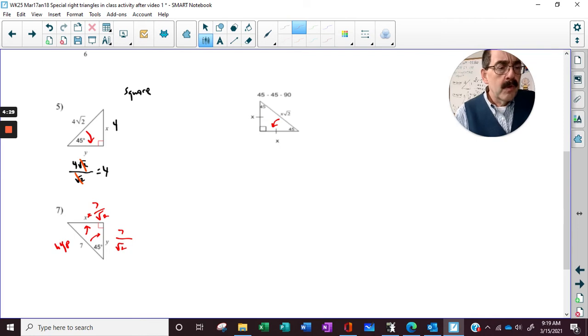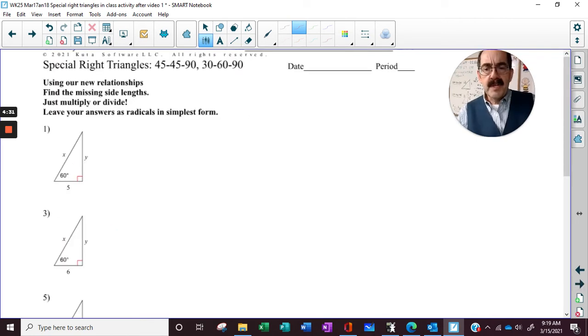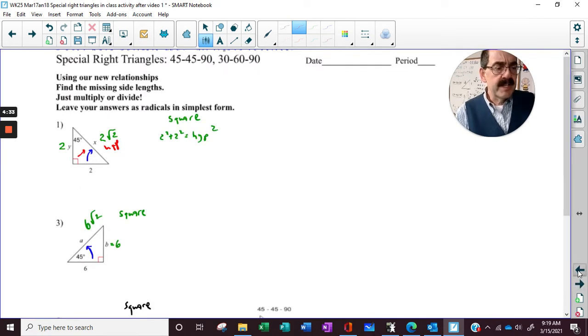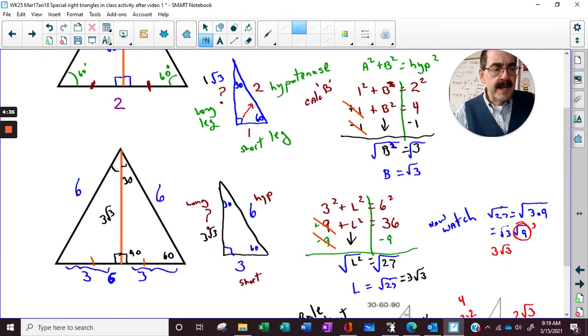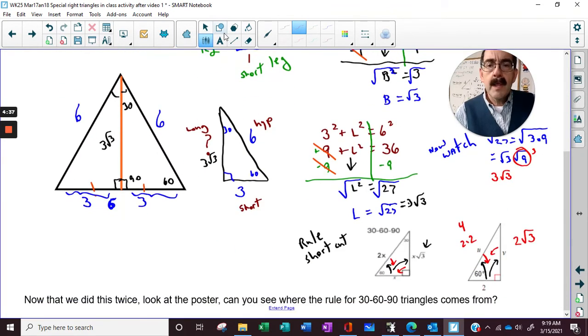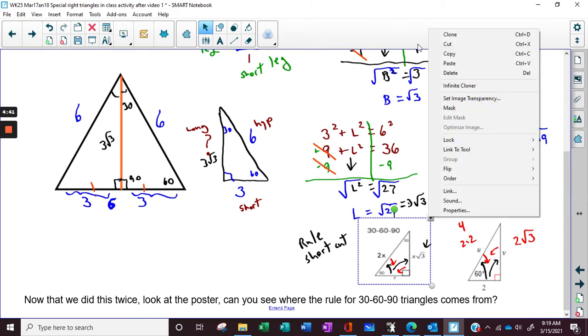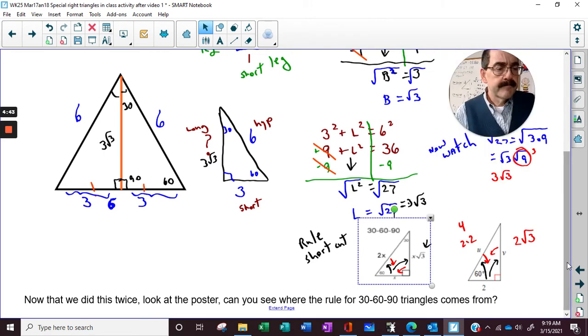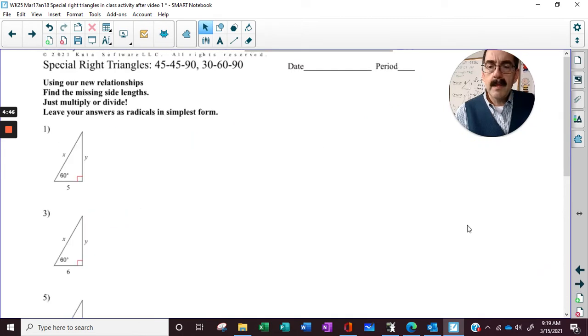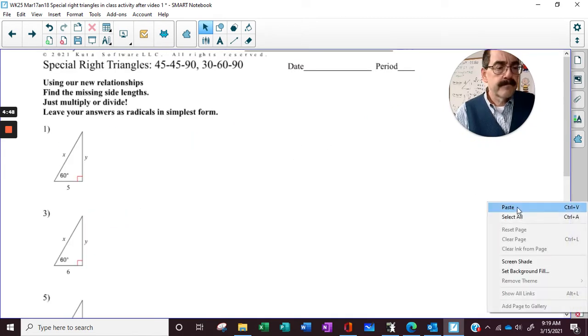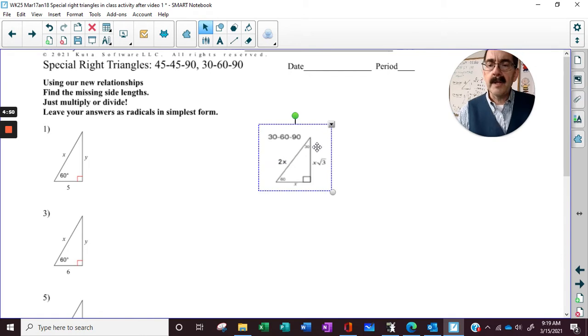Now, we're going to try 30, 60, 90s. In the 30, 60, 90s, it's not quite as simple because the legs aren't the same. Okay, so let's try this.